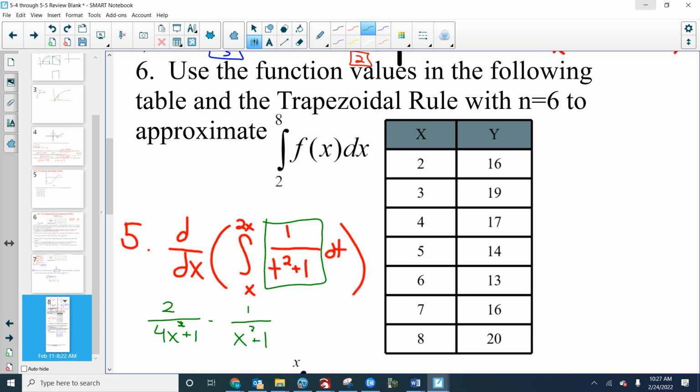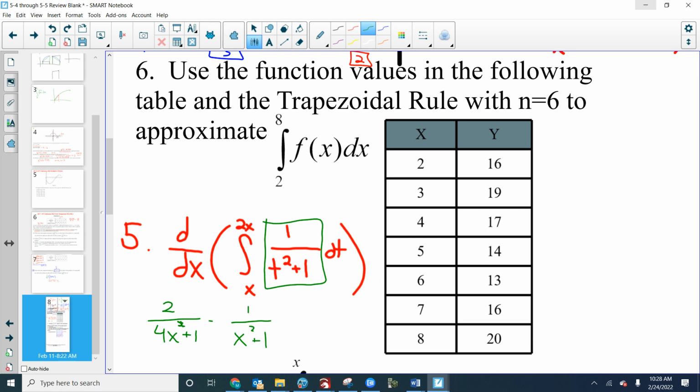The derivative is little f of 2x times 2. This minus little f of x times 1. Well, there was a chain rule, but the inside derivative of x is just 1. Make sense? You guys good? Everybody good?